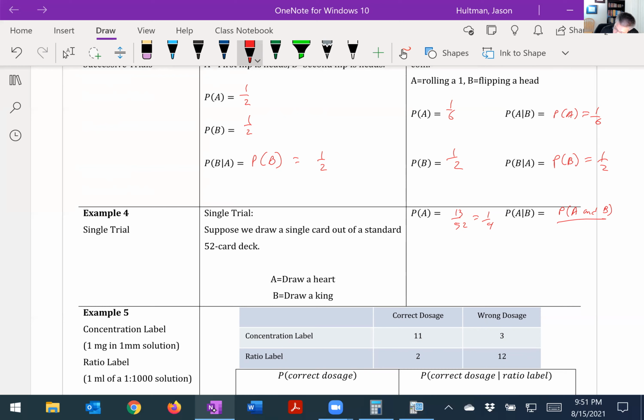So what's the probability of getting a king of hearts? Well, that's 1 out of 52. What's the probability of getting a king? There's 4 of those out of 52. And so when we cancel the 52s, we get 1 out of 4.